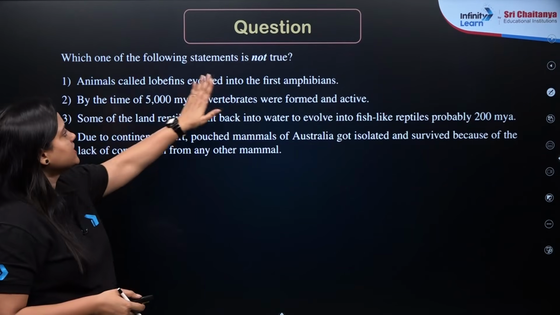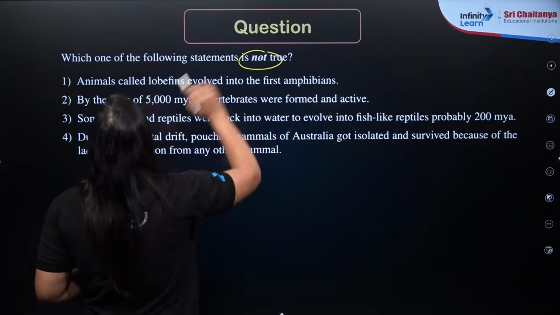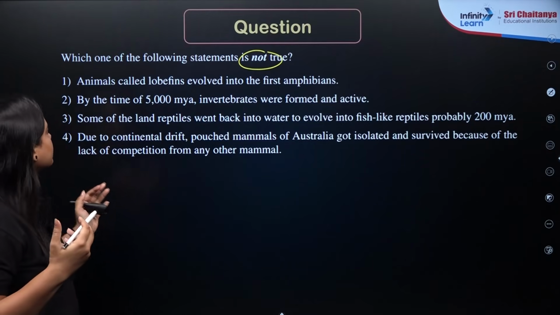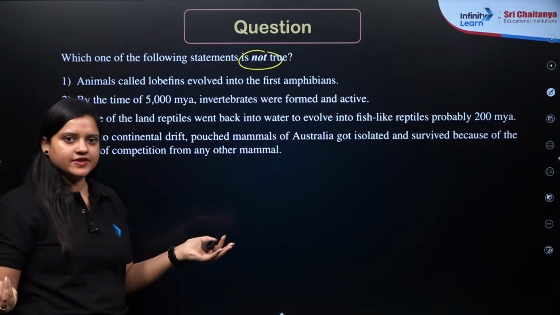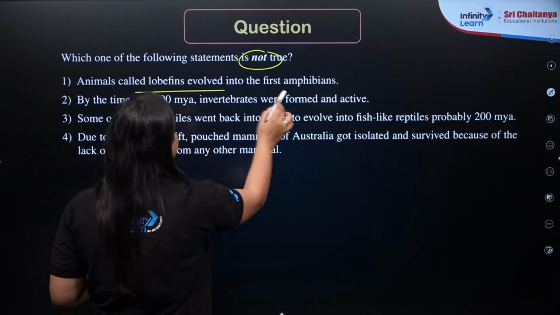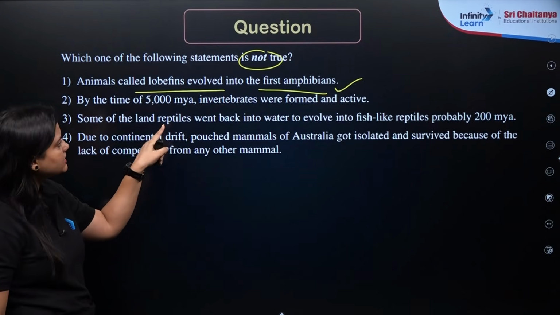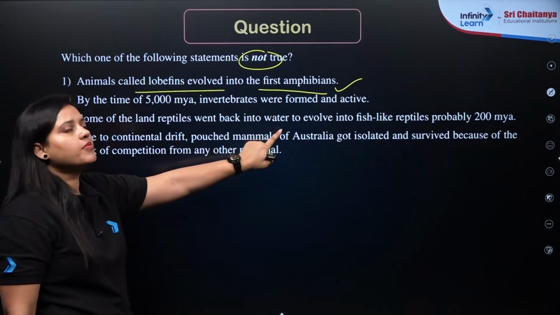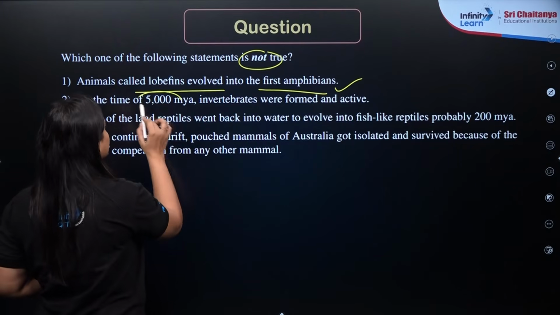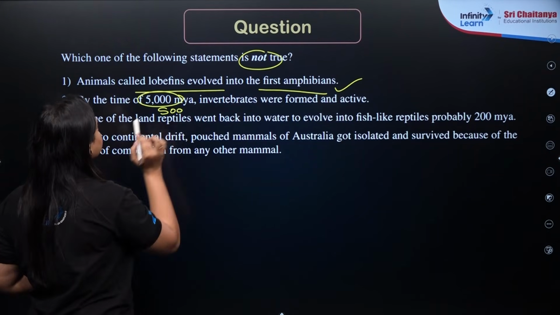Next. Which one of the following statements is not true? Animals called lobe fin evolved into first amphibian. Yes. So lobed fin fishes evolved into first amphibians. That's true. By the time of 5,000 million years ago, invertebrates were formed and active. It was not 5,000, it was around 500.